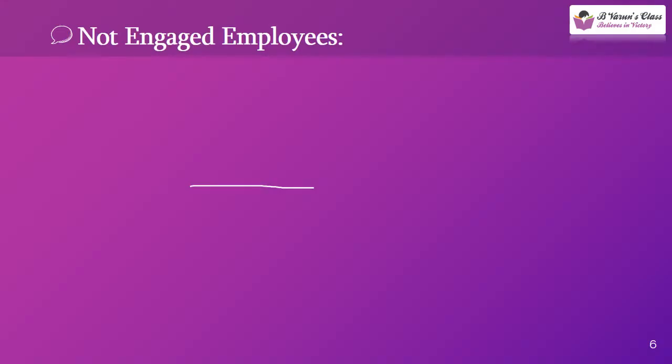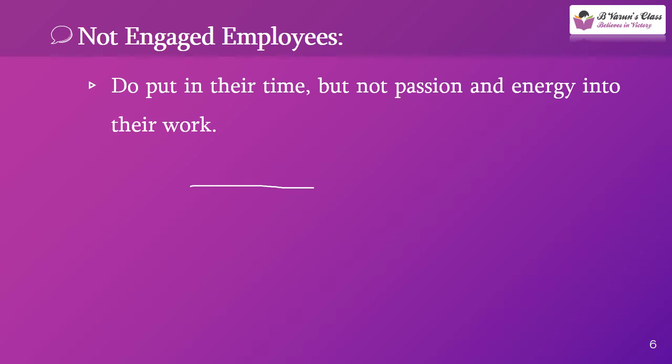And the second is not engaged employees. First one, engaged employees, are always actively engaged. Second one, they are not engaged. Those people are categorized as non-engaged employees. These kinds of employees put their name but not passion, not showing any energy into their work.